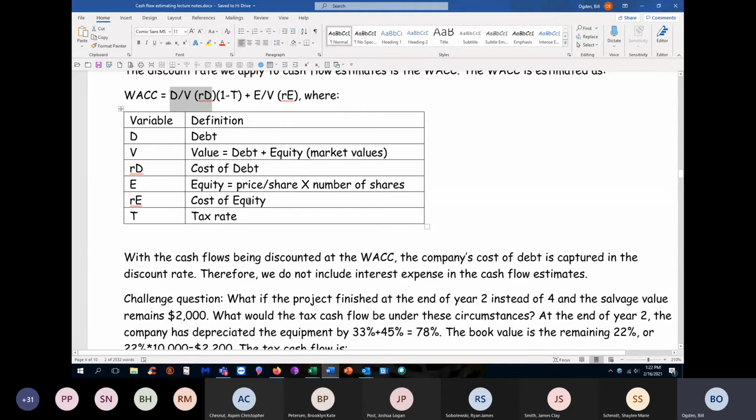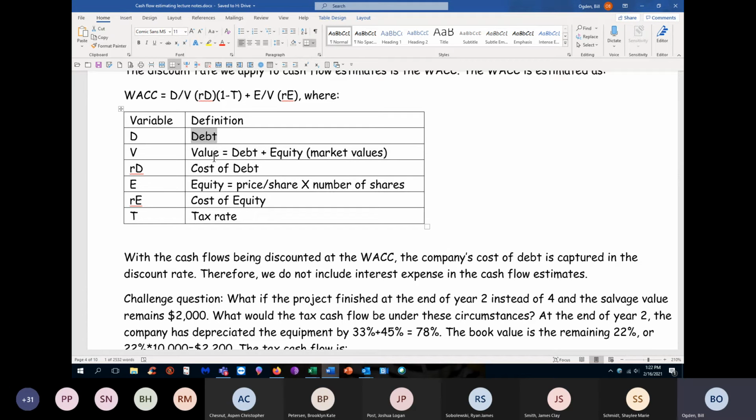Now you'll notice when we calculated the cash flows, do you see that if I had a company that had used some amount of debt financing, would it not have an interest expense? Okay. And did you see anywhere in our cash flow estimates interest expense? I mean, wouldn't an interest payment be a cash flow?